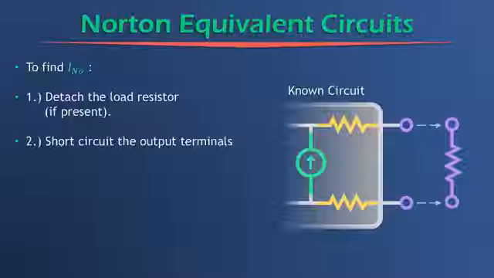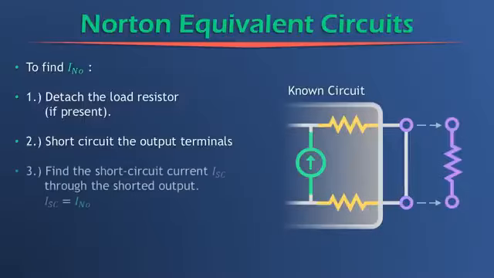Before we had an open circuit, but now we're going to short circuit the output terminals, meaning we take a piece of wire and directly connect those two terminals together. And the third step is to find the short circuit current ISC through the shorted output, so the current through that piece of wire.